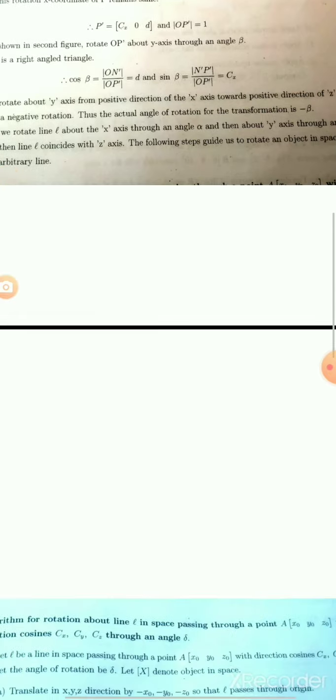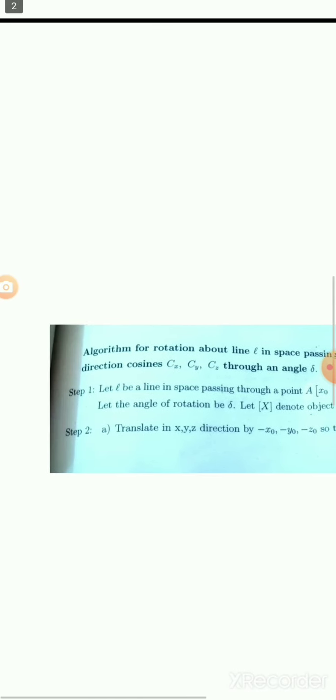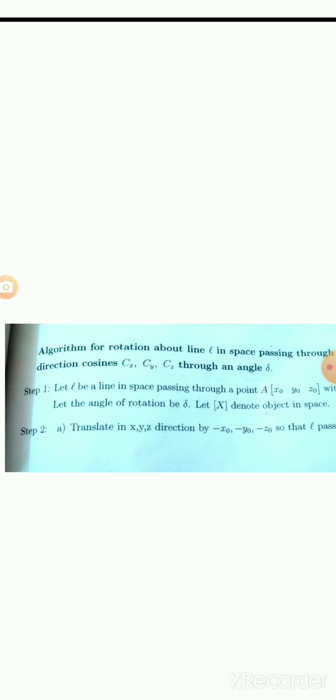That is, if we rotate line L about the x-axis through an angle alpha and then about the y-axis through an angle minus beta, then the line L coincides with the z-axis. Now the algorithm for rotation about line L in space passing through the point A (x0, y0, z0) with direction cosines cx, cy, cz through an angle delta.